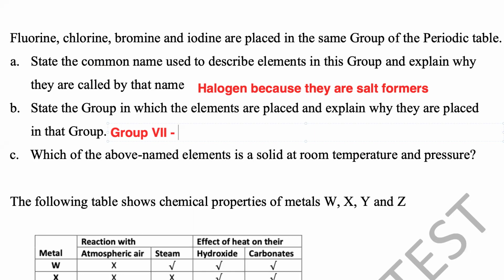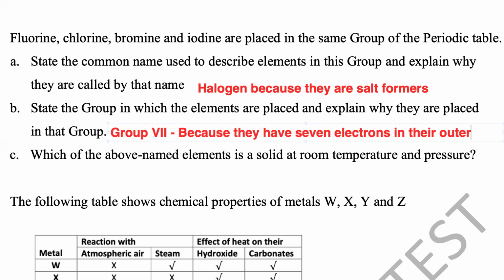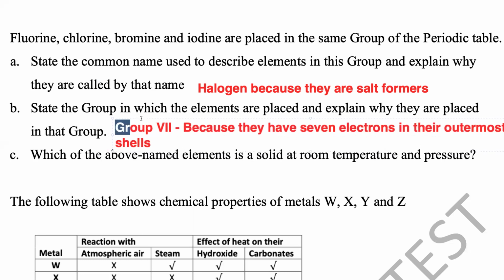So they are in group 7 because they have 7 electrons in their outermost shell. As simple as that.